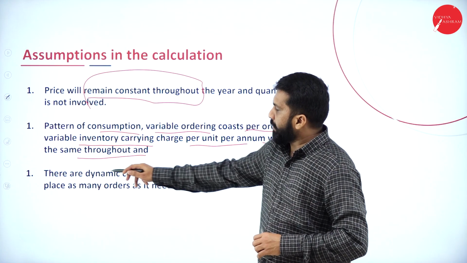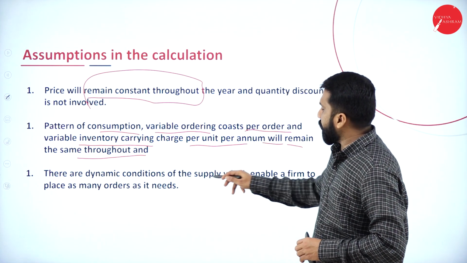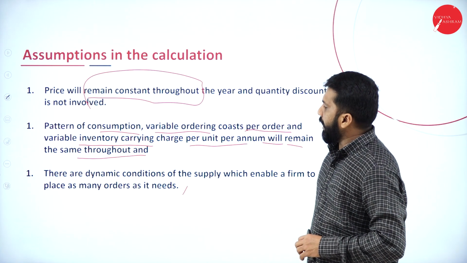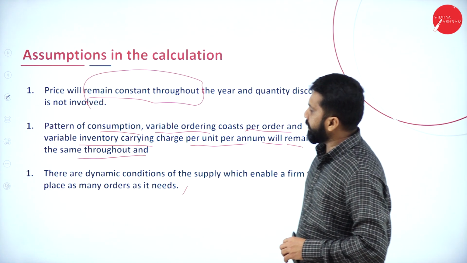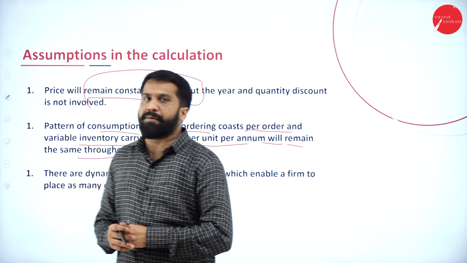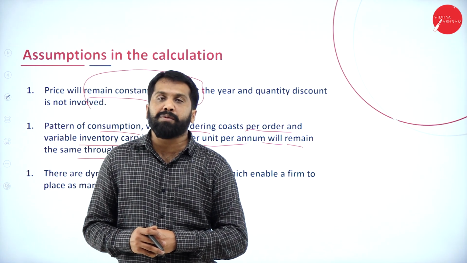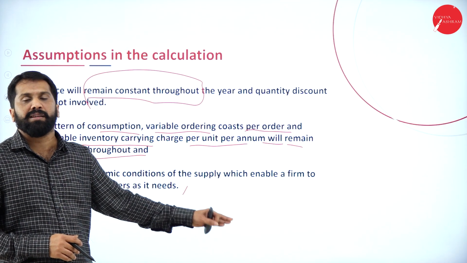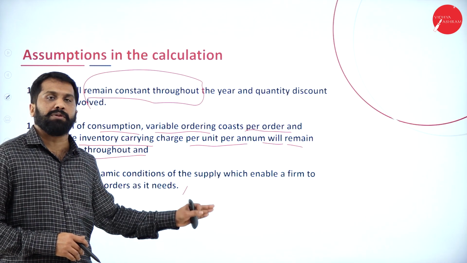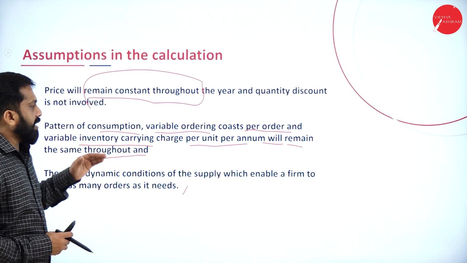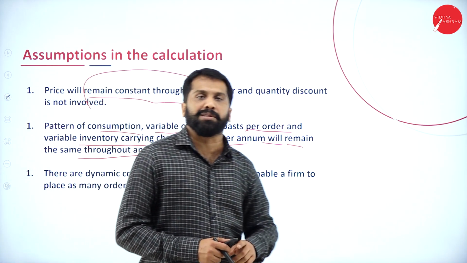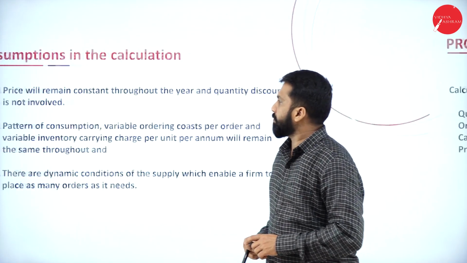And there are dynamic conditions of supply which enable the firm to place as many orders as it needs. So we also assume that the company will permit you to place as many orders as the EOQ says. These are the assumptions just for information. For examination purposes, this is not important.